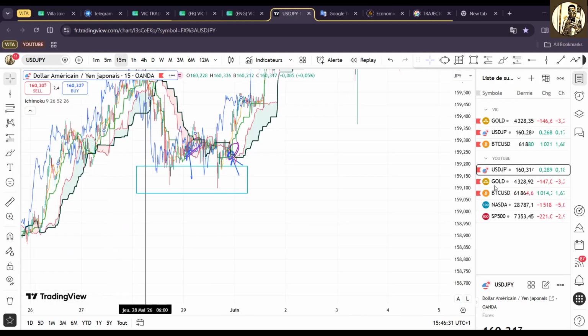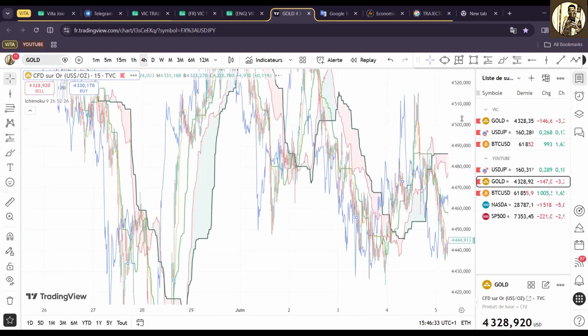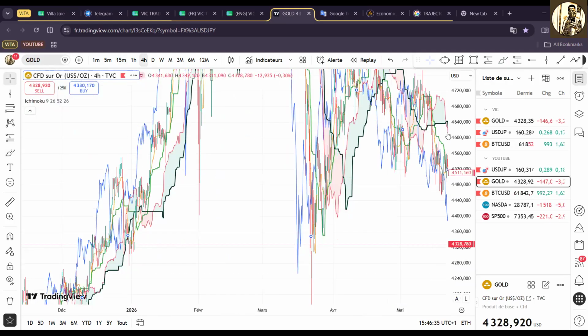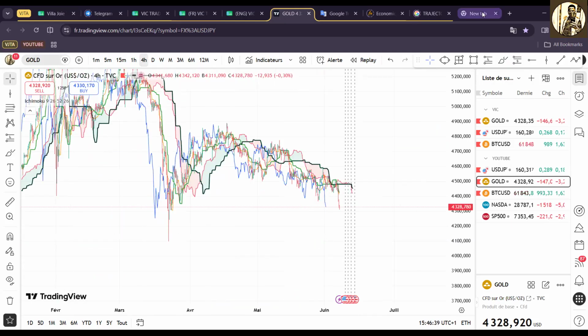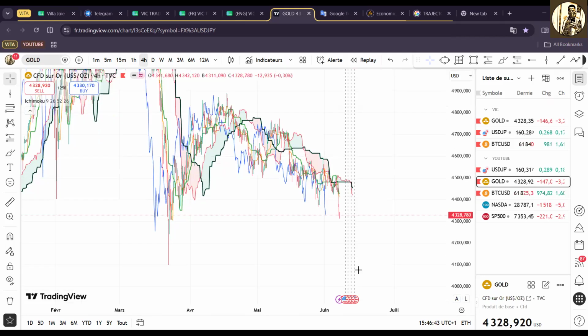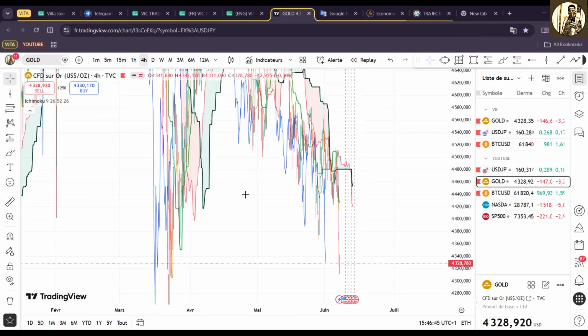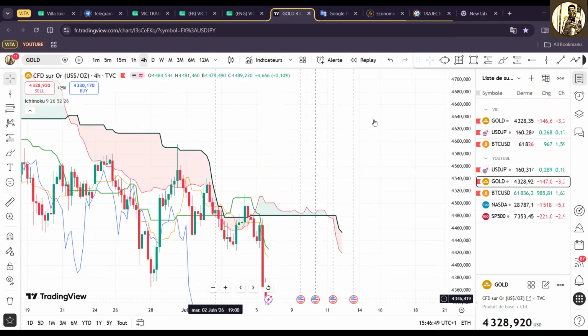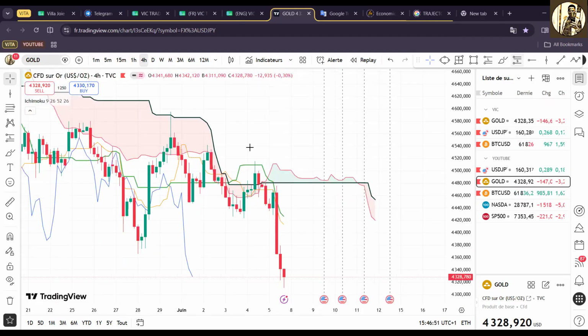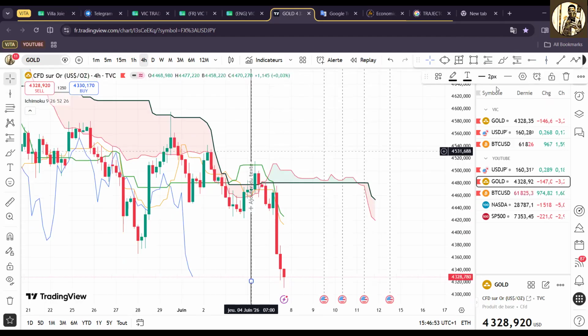So let's take another pair. Let's go on another pair. Oh, my voice is coming out very well. Let's take, for example, this Kijun. How to sell this Kijun, right?